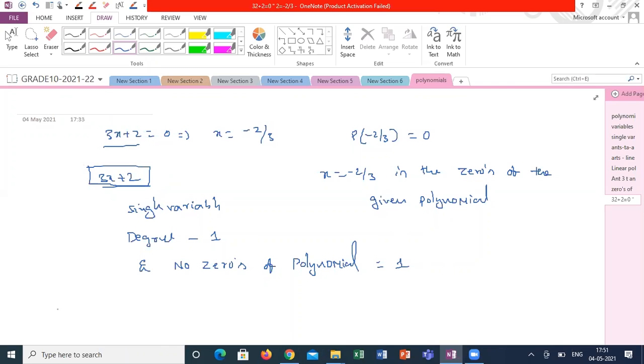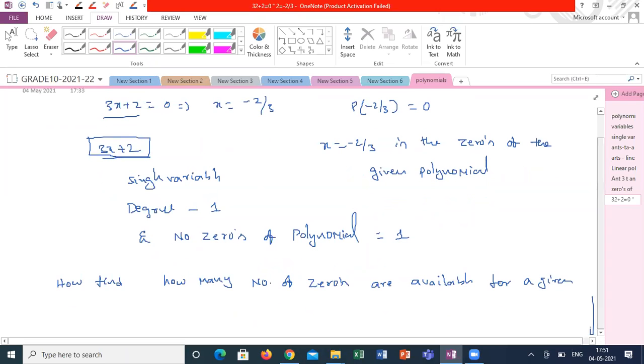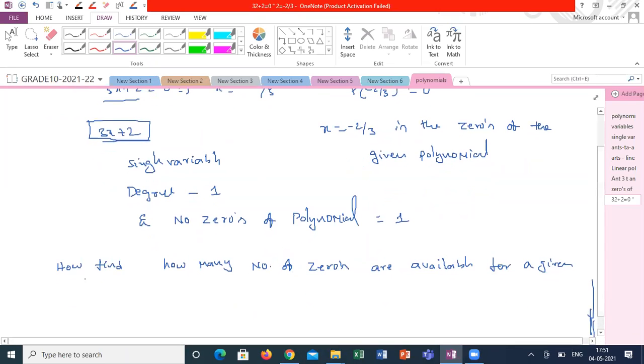How to find how many zeros are available for a given polynomial of single variable? Clearly, I am mentioning that I can't apply this concept and can't assure you if the variable is more than 1.